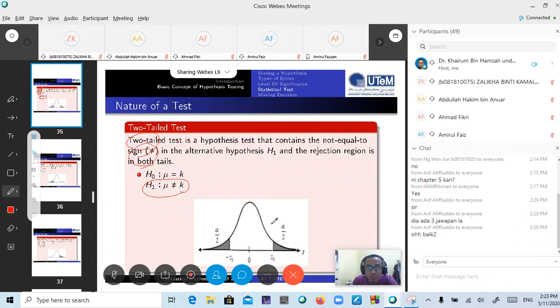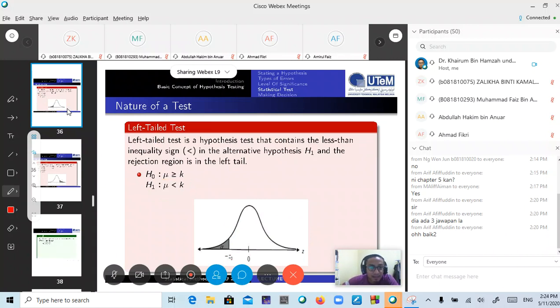In order to solve a two-tailed test, it has two rejection regions. From left hand side, negative value, and then from right hand side, positive value. Remember, two tail test has two rejection regions.